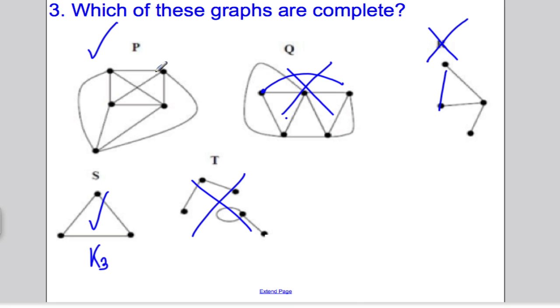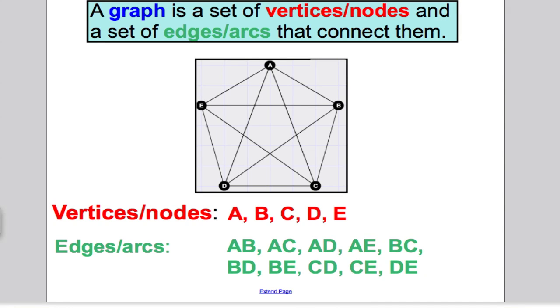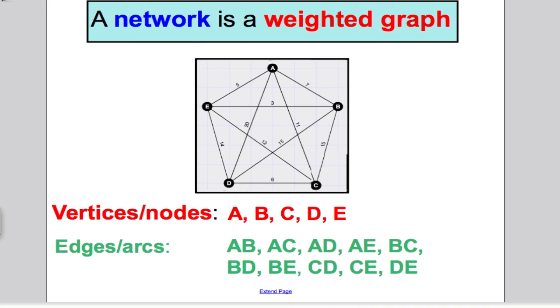Right, let's continue with something else we need to learn about graphs. Okay, so going back to our original graph, that was our definition of a graph, and I'm going to use that to draw out some new definitions, okay? So looking at that graph, let's change something and talk about what this is. What I've changed here is I've assigned numbers to each of the edges or arcs.